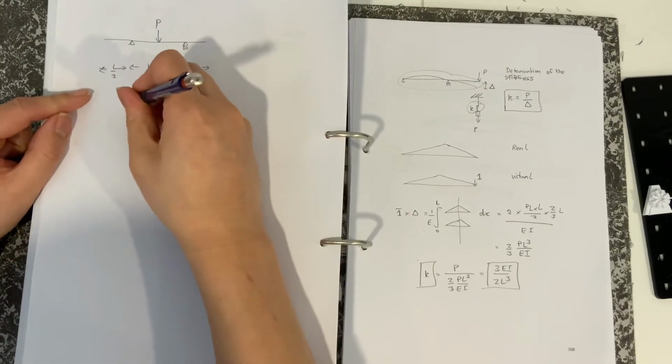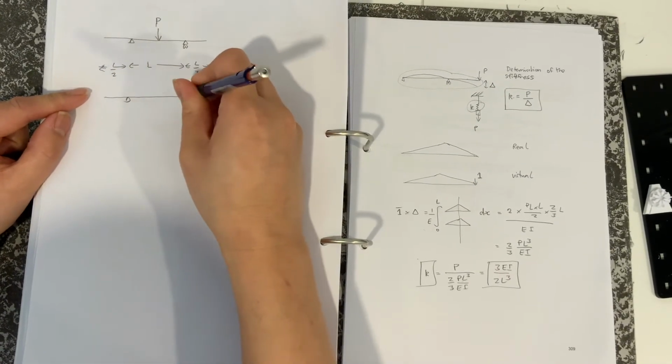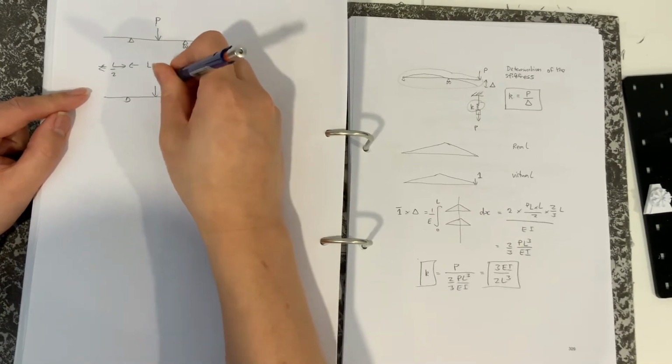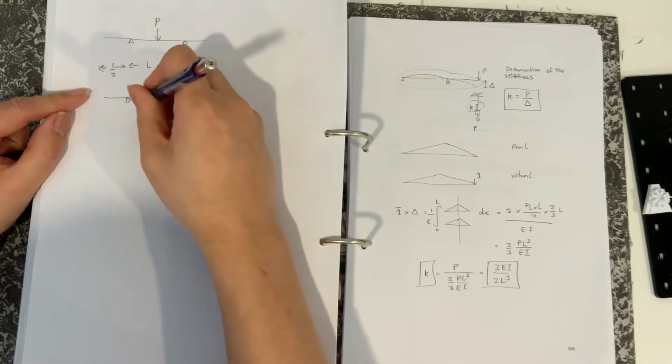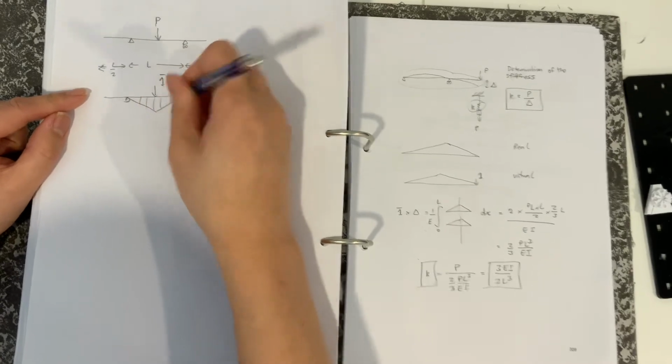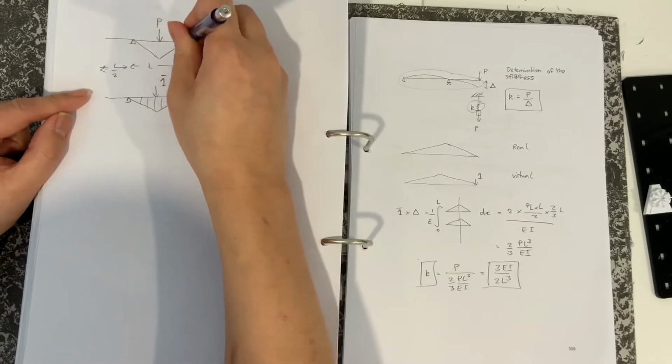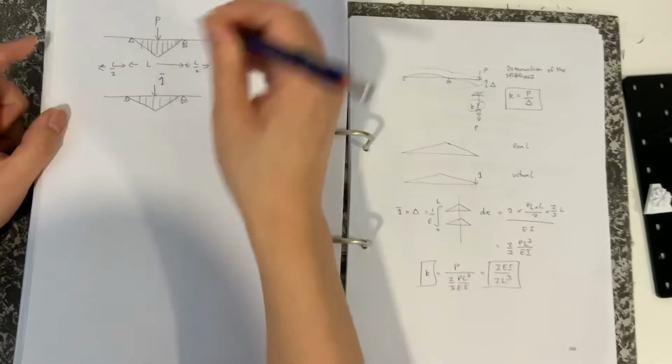So when we take that one there, and then we stick the virtual force there for the bending moment diagram, and then you get the bending moment diagram of this one here.